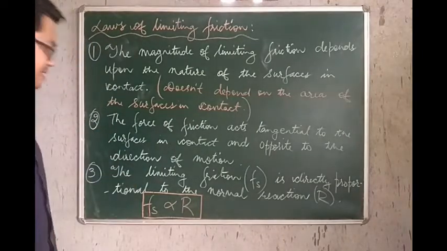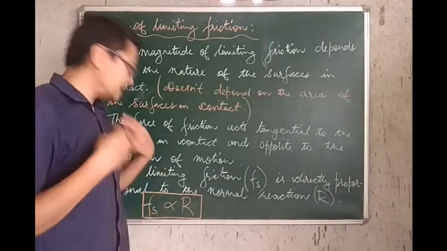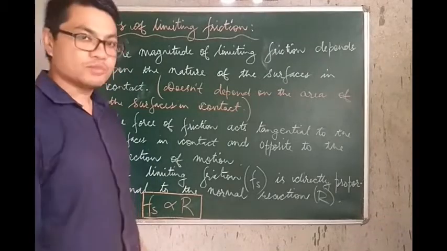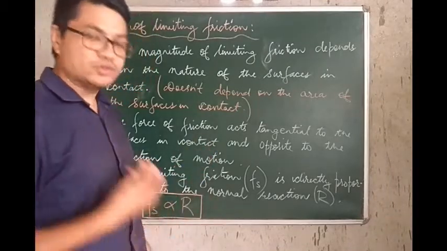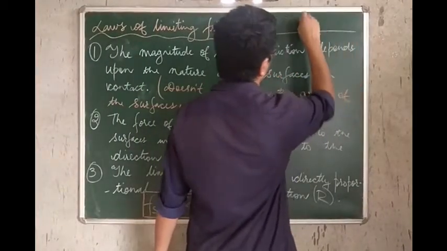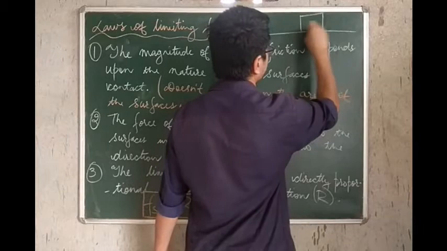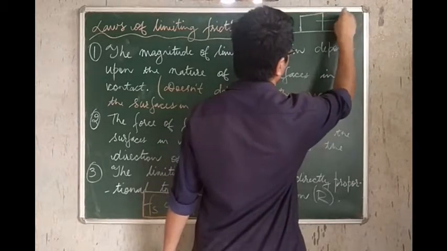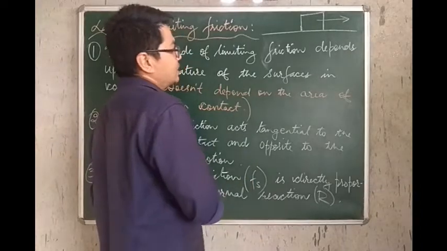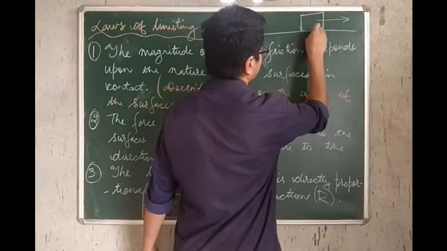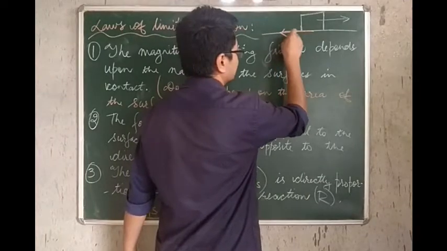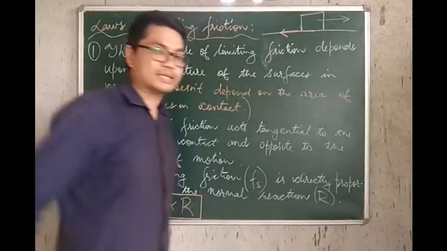The second law tells us the force of friction acts tangential to the surfaces in contact and opposite to the direction of motion. This we've already checked actually in the last video. So if this is the surface over which a body is moving, the body is moving towards the right hand side. Okay, where does the force of friction act? The force of friction acts here, and it's acting tangential to the surfaces in contact, as you can see.